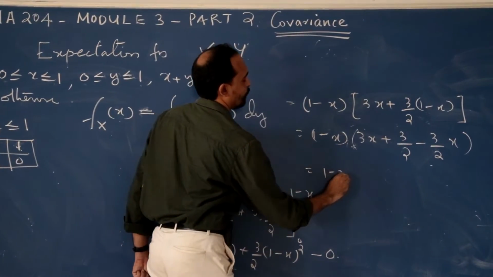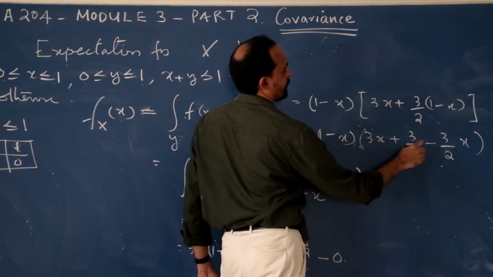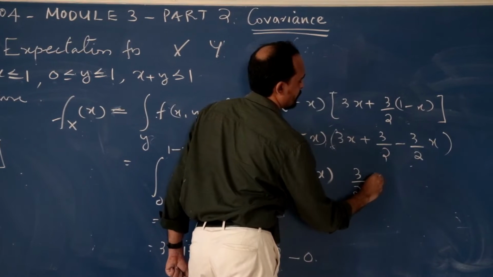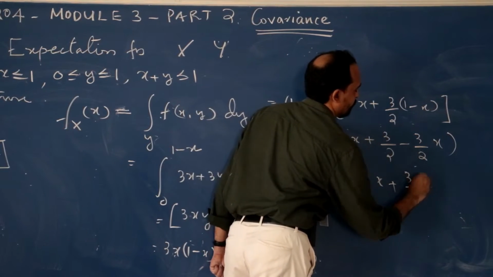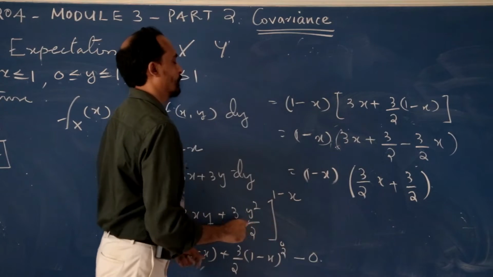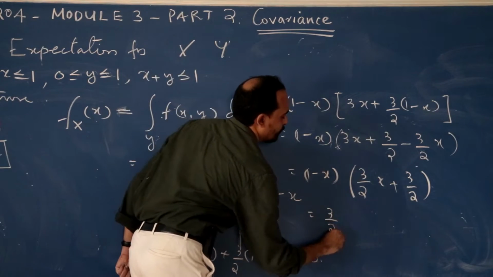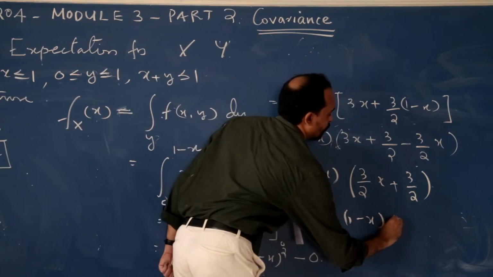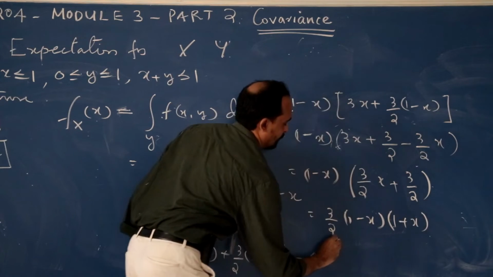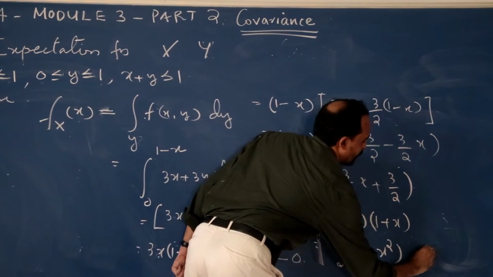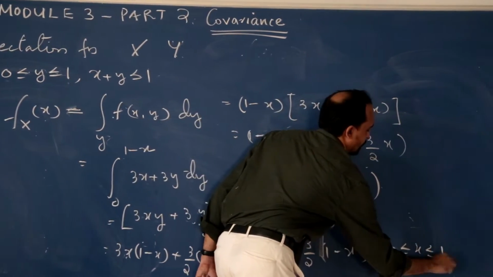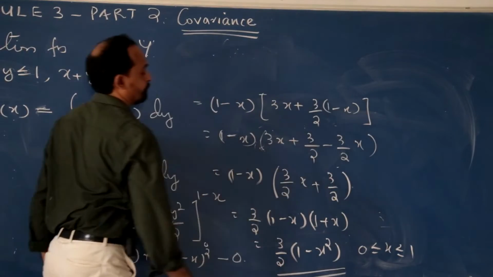That is equal to 1 minus x into 3x minus 3 by 2 x is 3 by 2 x, and 3 by 2 plus 3 by 2 x. That is equal to 3 by 2 into 1 minus x into 1 plus x. That is equal to 3 by 2 into 1 minus x square, for 0 less than or equal to x less than or equal to 1.